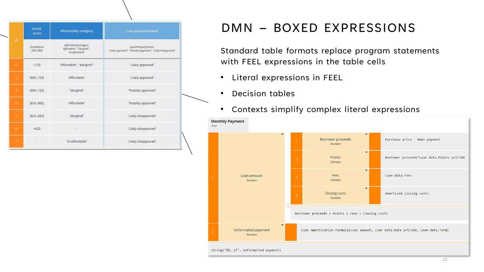Although the FEEL language is defined in the DMN spec, it can be used in BPMN and CMMN as well. The combination of DRDs, boxed expressions, and FEEL means business users can create directly executable decision logic themselves without programming.